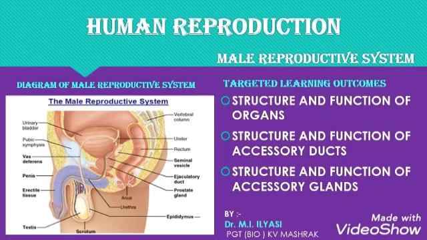Now about vas deferens, it is a duct that ascends into the abdominal cavity and loops over the urinary bladder. It receives a duct from the seminal vesicle and opens into the urethra as the ejaculatory duct.